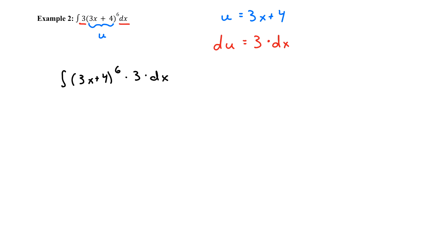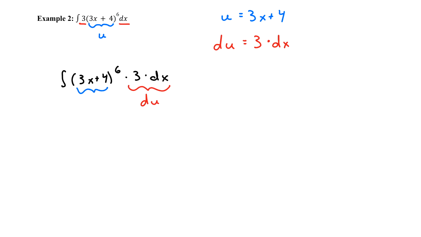And now it's very clear to me, oh, the 3 dx, that's right there. That is going to be my du. So it becomes much easier to see. I think it's a good strategy to start off by rearranging the terms if you feel like you need to. It makes the substitution much, much easier to see at times.